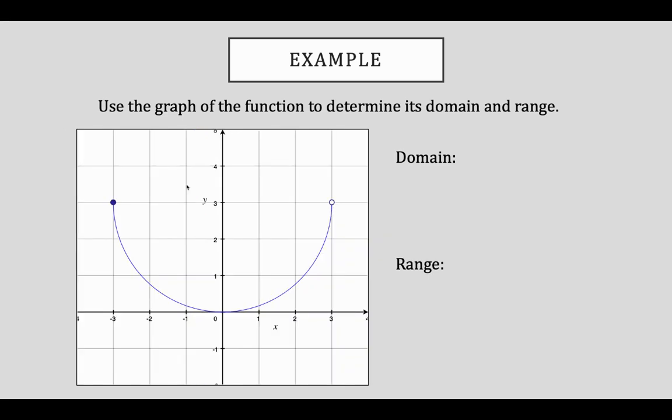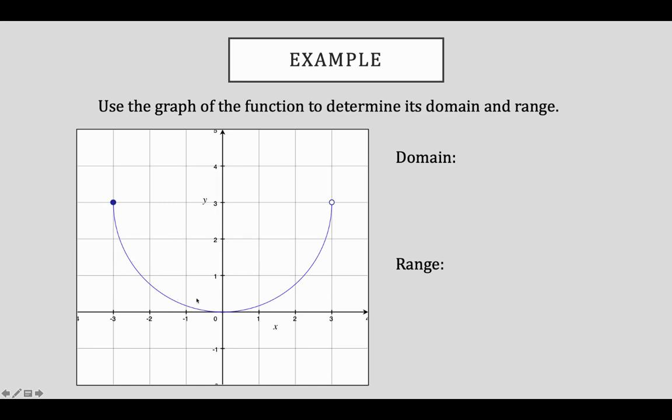And one more example here. Use the graph of the function to determine its domain and its range. What values of x do I go through here? Notice the farthest value to the left for x is negative 3. And that negative 3 is included because we have a closed circle here. How far to the right does this graph go?